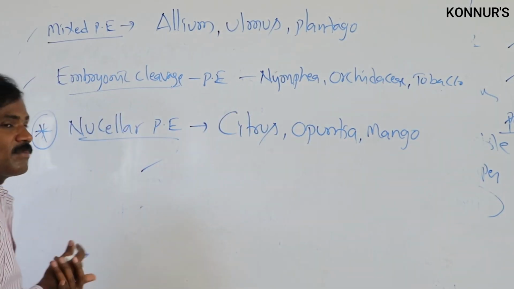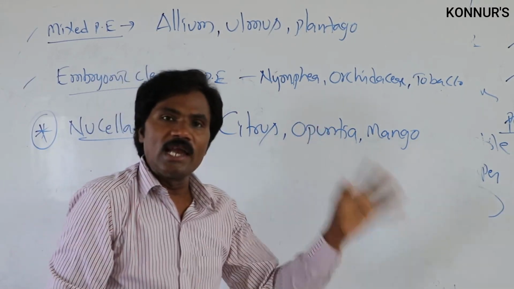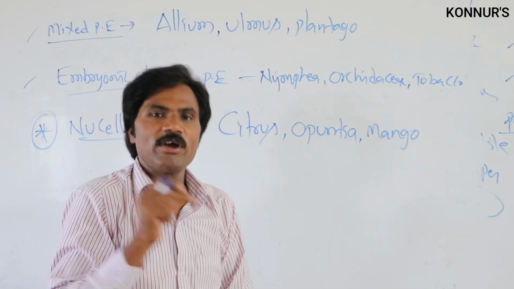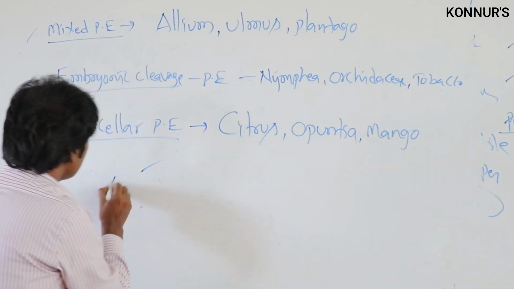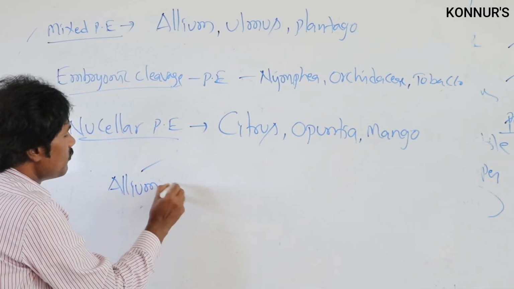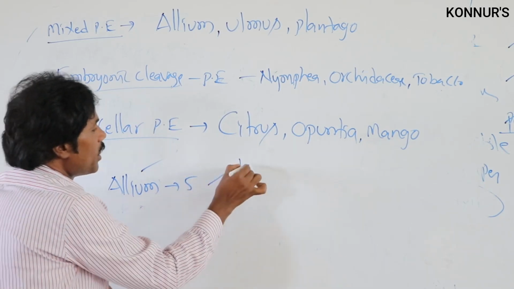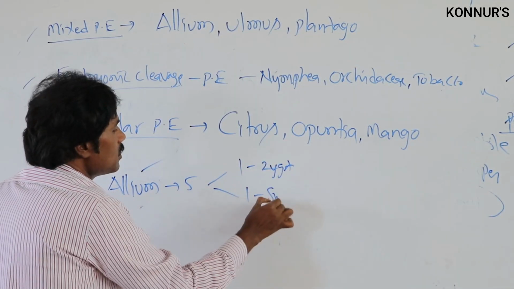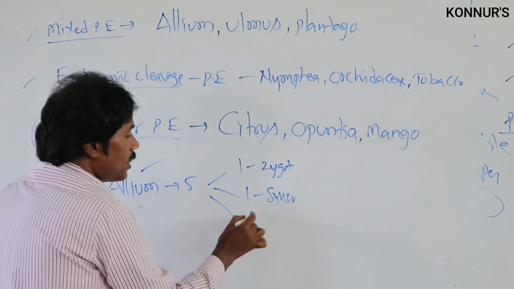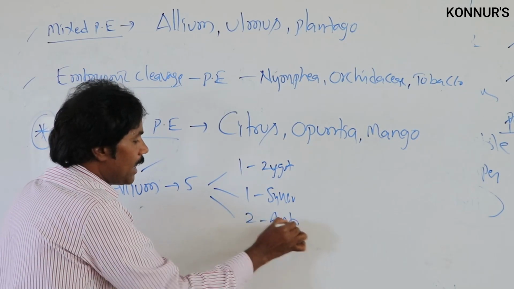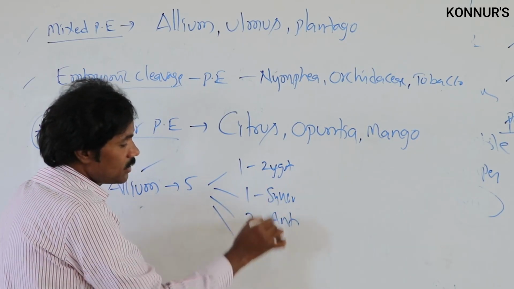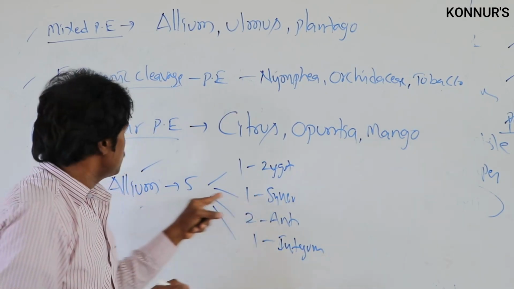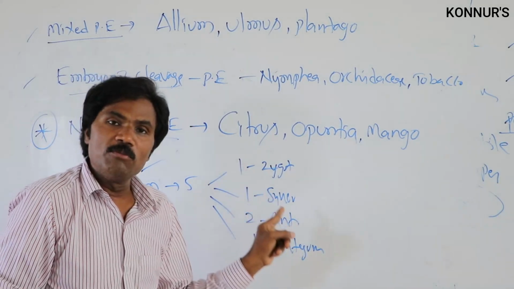Then apart from this, in Allium, how many polyembryos can be formed? Normally in Allium cepa, 5 will be present: one is the zygote, then the synergids, two antipodals, and one from the integuments. So 5 embryos are present.